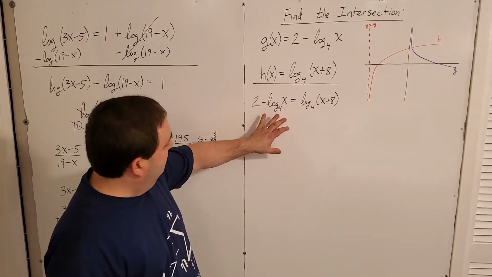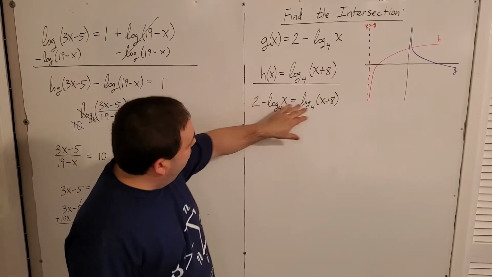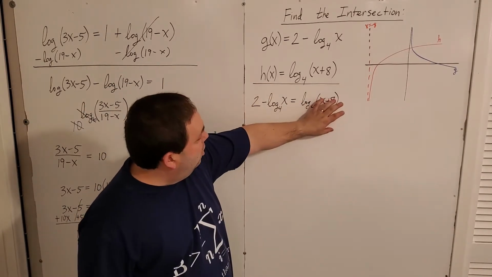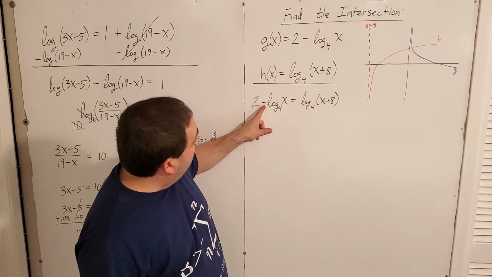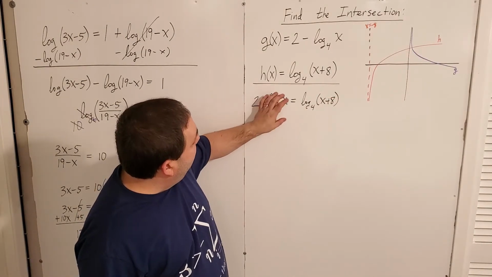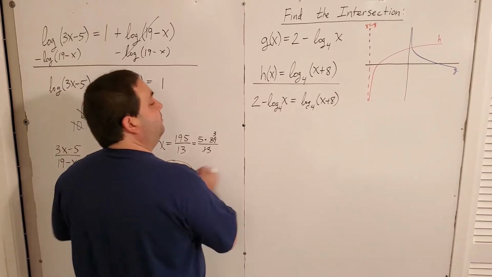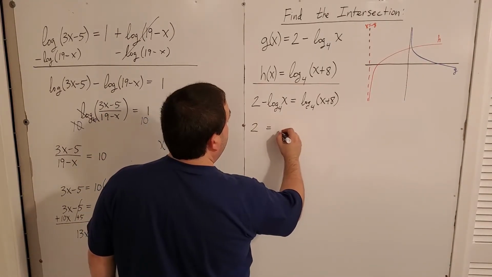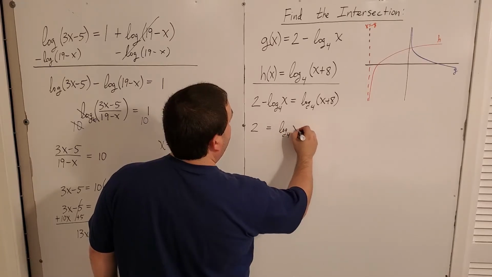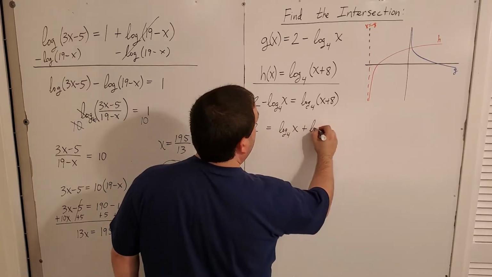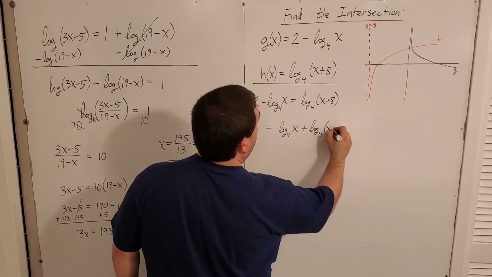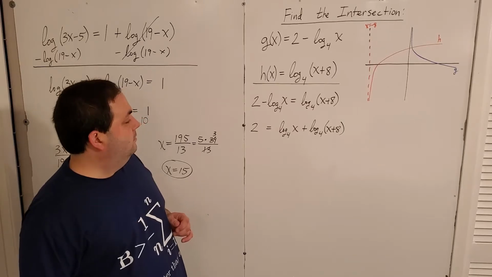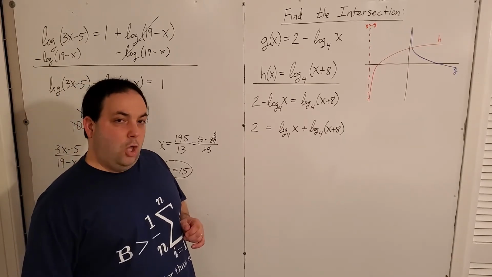Let's find it. So like before, I've got more than one logarithm in my equation. So I want to get those logarithms together on the same side. I'm going to add log base 4 of x to get it over there. So I have 2 equals log base 4 of x plus log base 4 of x plus 8. All right. I want to have a single logarithm.